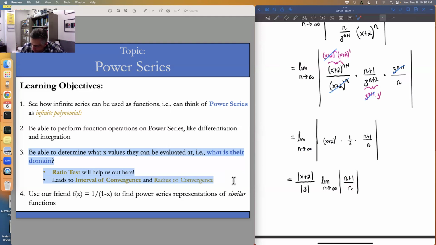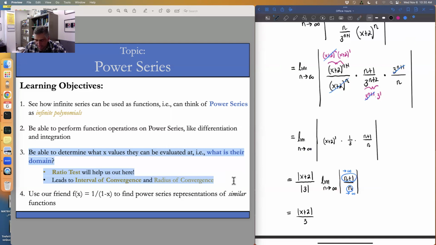But the thing to note about this limit, as n goes to infinity, this numerator, n+1, is going towards infinity, and this denominator is also going towards infinity. So this looks like infinity over infinity, so we get to do L'Hopital's. So I'll just keep the terms out in front.